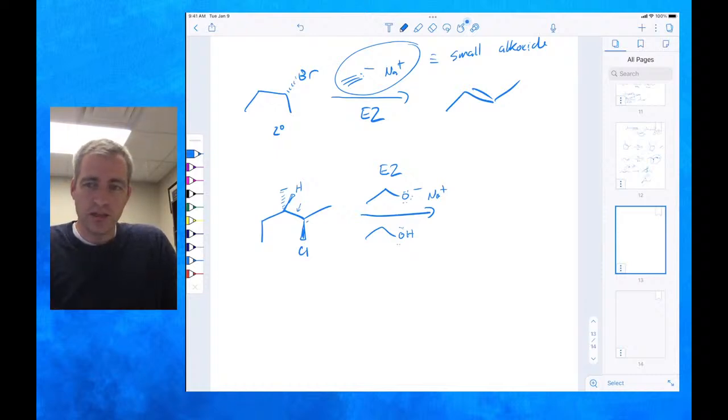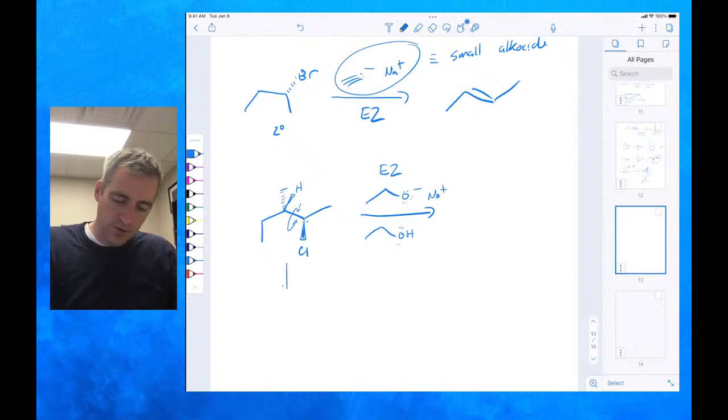This is a big concern when you're on a cyclohexane ring, but in examples like this, it's also a concern. Now you have free rotation with all your bonds here, so you can adopt the correct conformation quite easily. But what we need to do is rotate it so the hydrogen is anti to the chlorine. If the chlorine's in front, the hydrogen needs to be in the back. So what we're going to do first is just rotate.